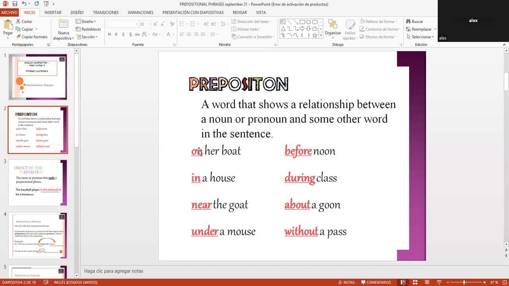But here, before and during, the prepositional phrases are indicating time: before noon, during class.